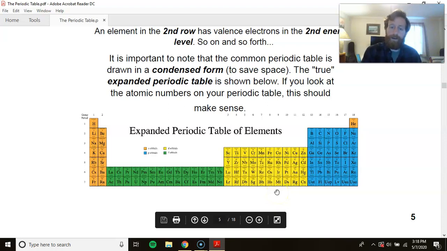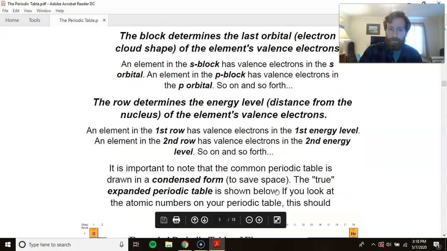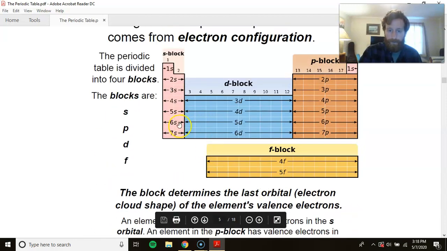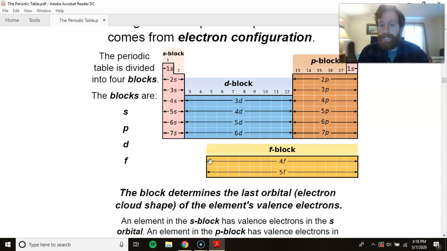And if you look at the atomic numbers, it does make sense. You make a jump when you go from here, it jumps down to here. We do that again just to save space horizontally so it's not super long. But do know that the F block actually belongs right here between the bottom 2 rows of the S and D block.